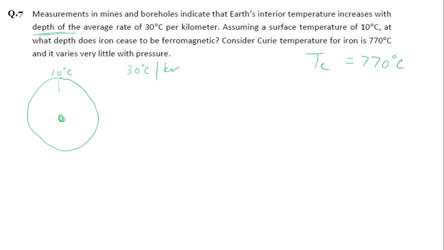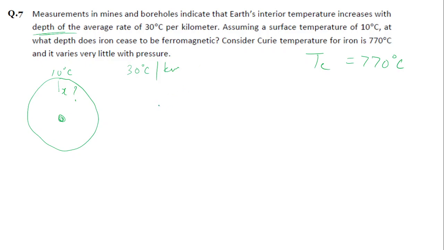If the surface temperature is 10 degrees centigrade, then at what distance from the surface will the temperature be 770 degrees centigrade? Because that is what has been asked, when the iron will cease to be ferromagnetic. We know when the temperature crosses Tc or is equal to Tc, the material loses its ferromagnetic nature. So at what distance, let's call it x, from the surface does the temperature become 770 degrees centigrade? Okay, this is the question.